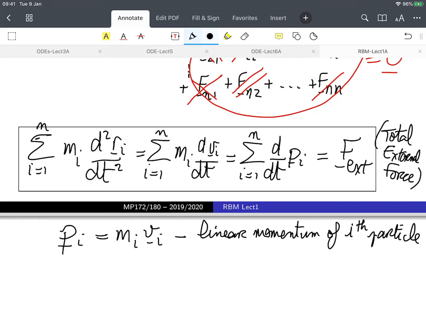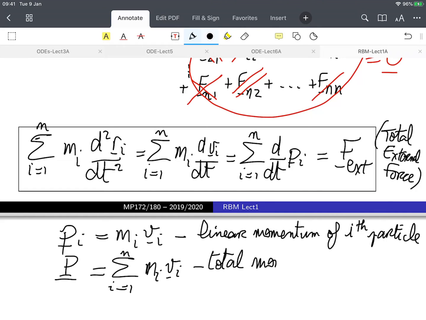I realize that I have the derivative of the sum of all the Pi's. I'm going to call that the total linear momentum, the sum of m_i v_i, the total momentum of the system of particles. And that's the key. We're going to look at all those particles as a system, not as individual particles.